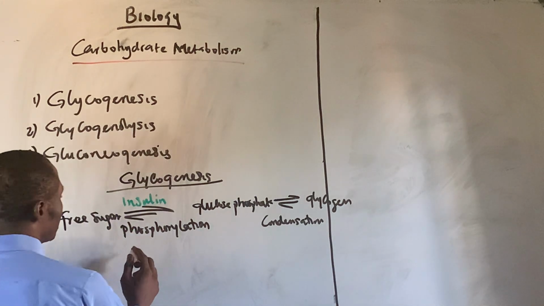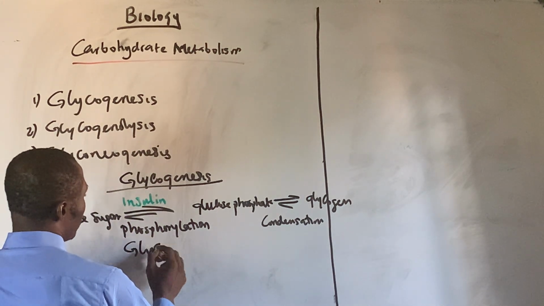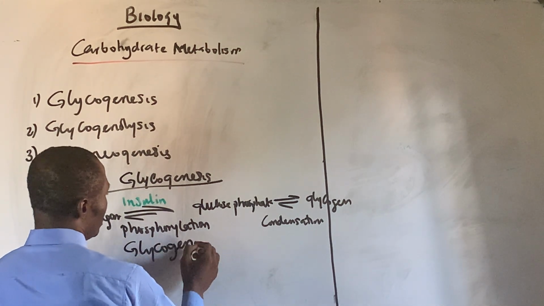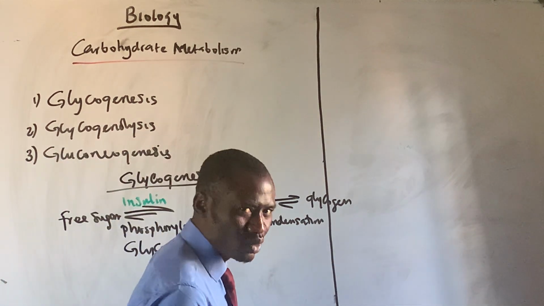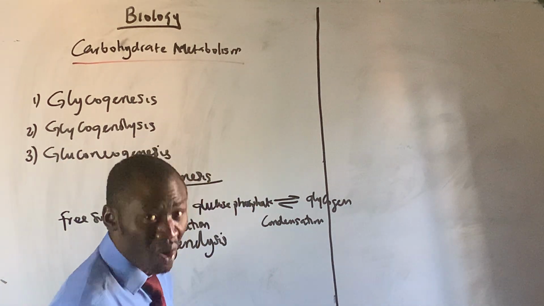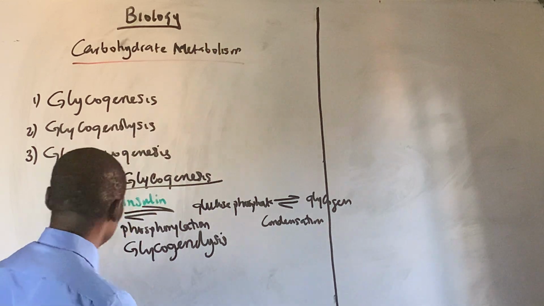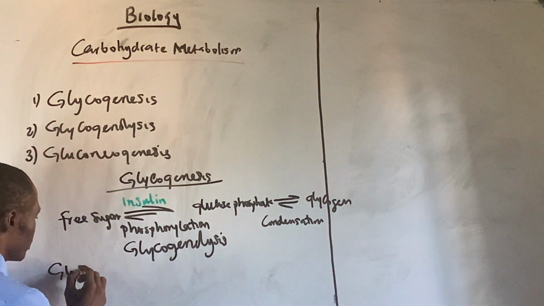Now, the second process is glycogenolysis. This is the reconversion of glycogen back to glucose. Maybe you are hungry, you have not eaten for a long period of time. Now we have glycogen.